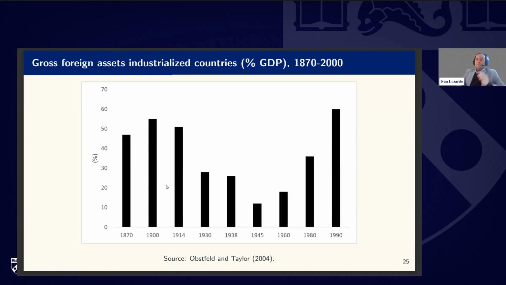So the takeaway: Latin American economies, or not all Latin American economies, but we will see in a minute that Latin American economies also were part of this, integrated into the world economy not just via international trade, but also via capital markets.